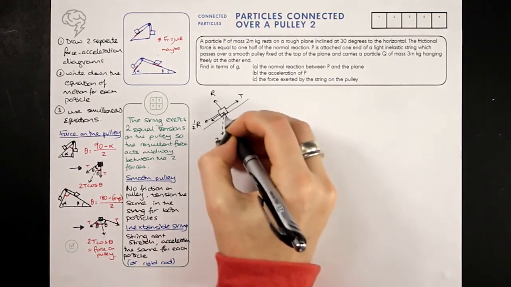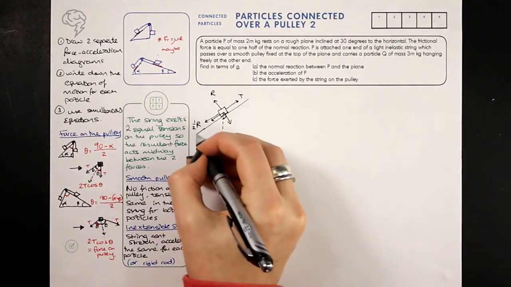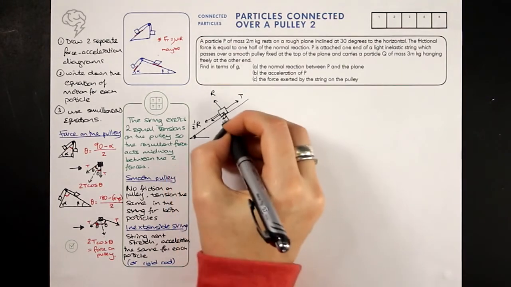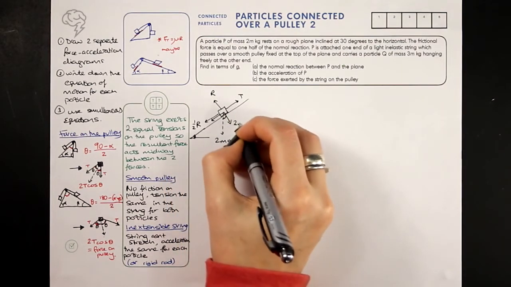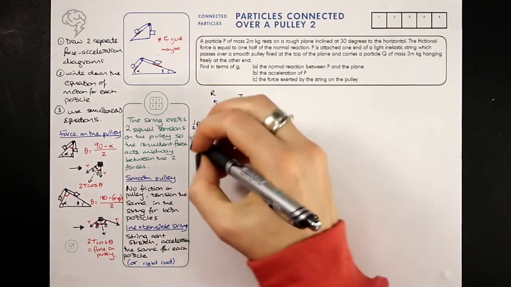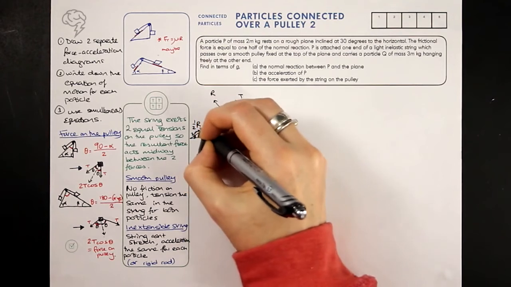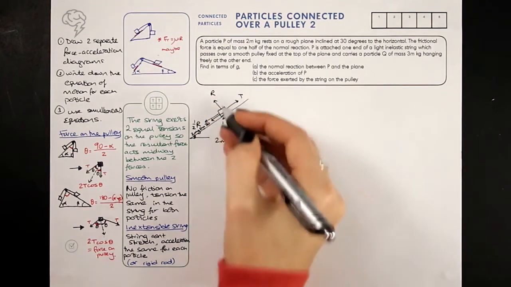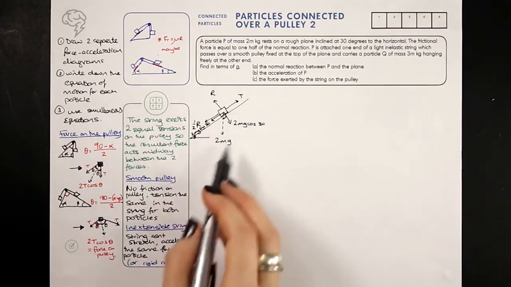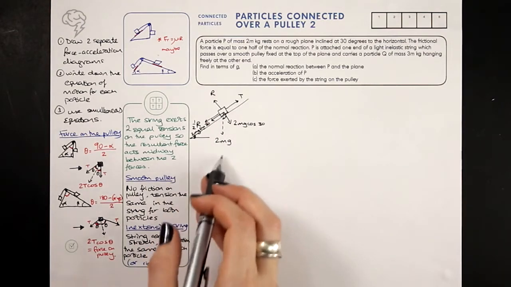So in this direction, that angle there is this angle here, which is 30. So this is 2mg cos 30 into the plane, and 2mg sin 30 down the plane. Just your bog standard resolving the weight as we always have to do.